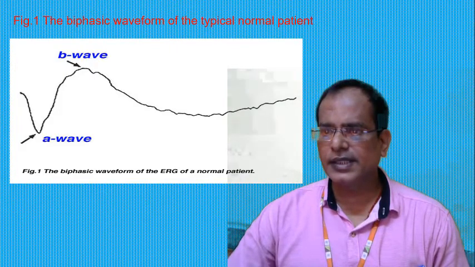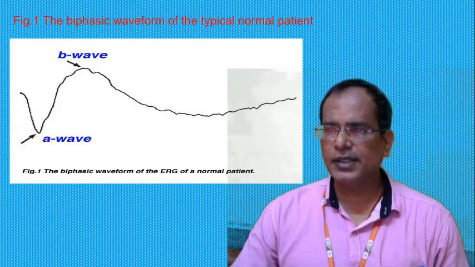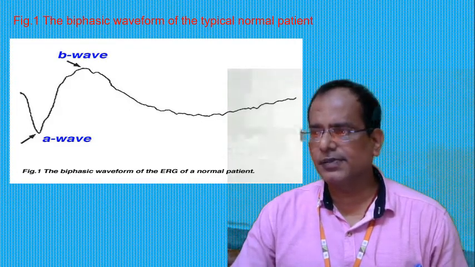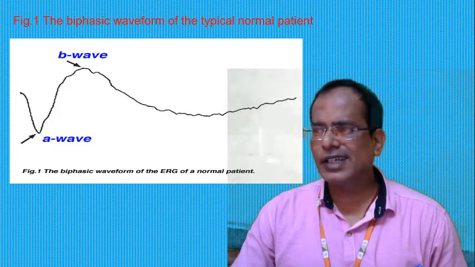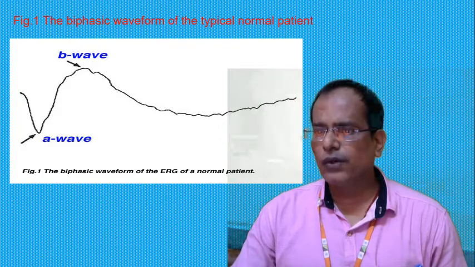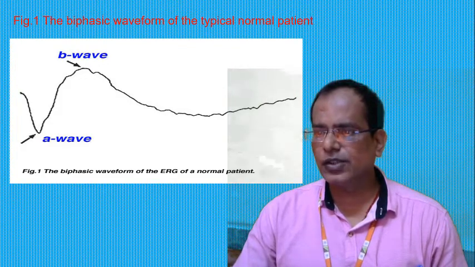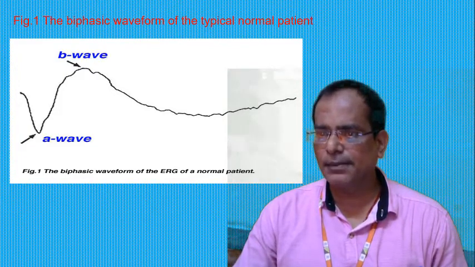Here the basic method of recording the electrical response known as the global or full-field ERG is stimulating the eye with a bright light source such as a flash produced by an LED or strobe lamp.